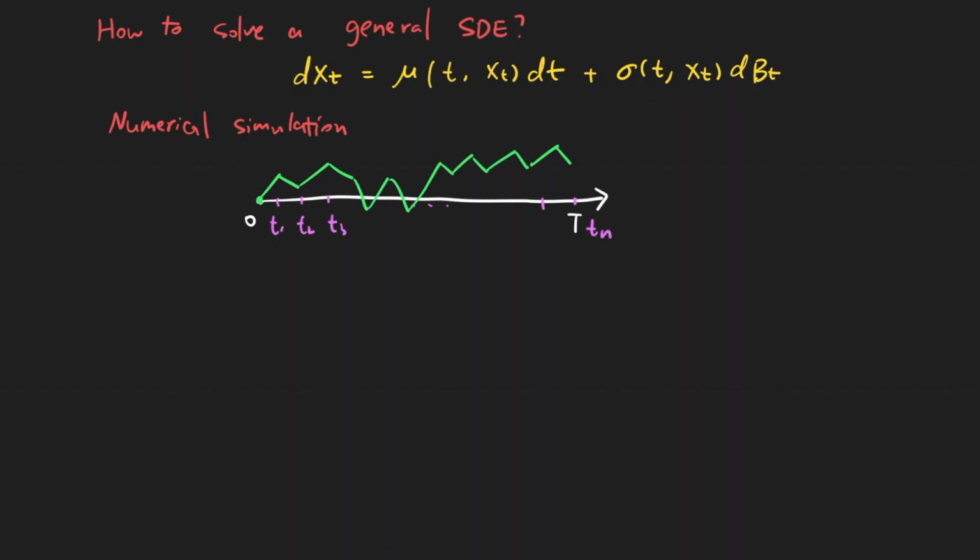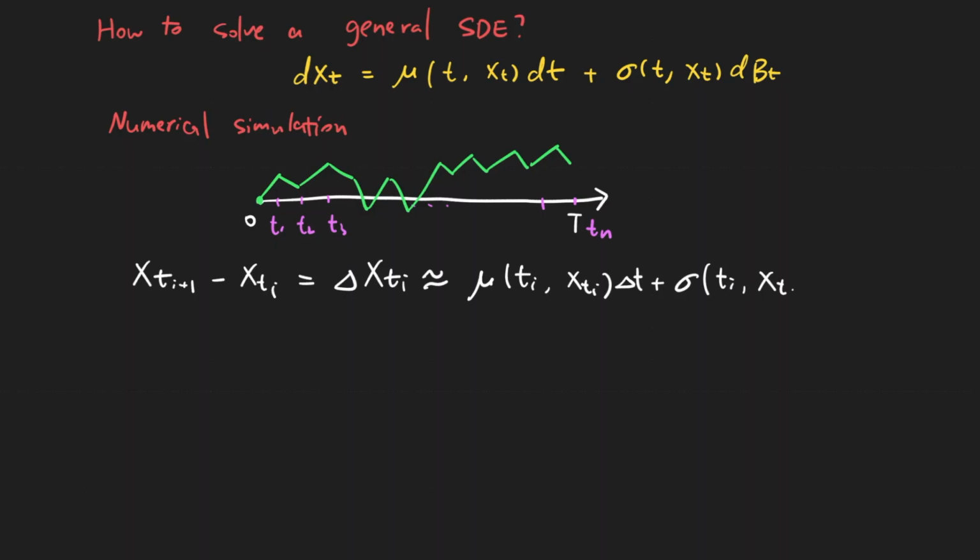If we look at the difference, x(ti+1) minus x(ti), that equals delta x(ti). Using the equation, it is approximately mu(ti, x(ti)) delta t plus sigma(ti, x(ti)) delta B(ti).